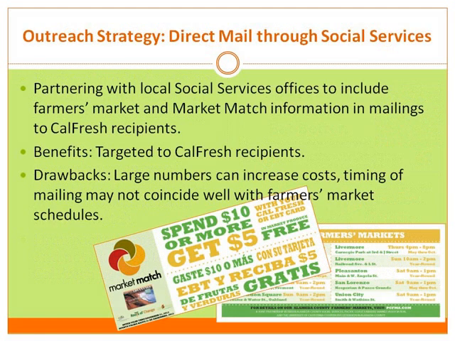Another strategy that we have employed is to partner with local social service agencies to include information about farmers markets, CalFresh, and Market Match in mailings that they send to CalFresh recipients. The benefit there is that it's very well targeted because we know everyone receiving that mailer is a CalFresh recipient.